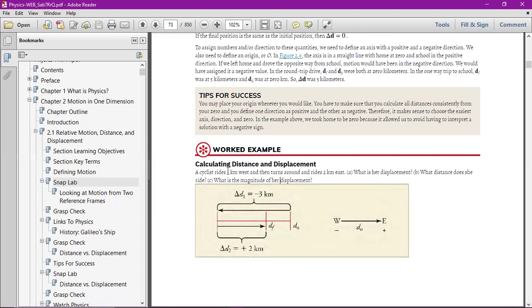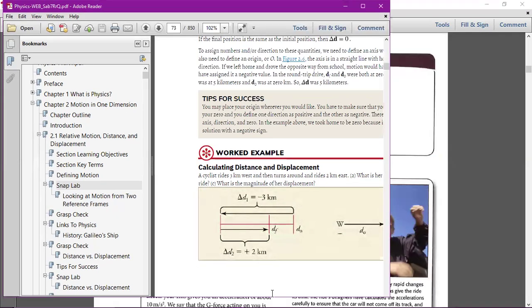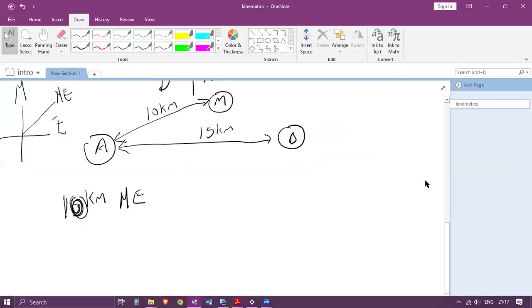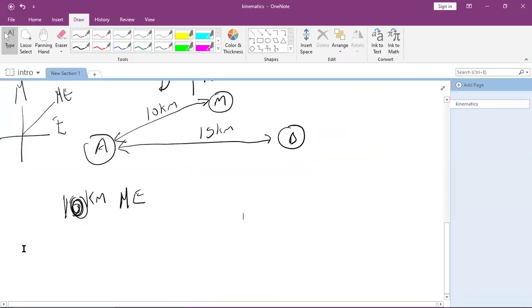We're told that she went, let me write my charts here, 3 kilometers west. Then she turns around and rides 2 kilometers east. We're told that what is her displacement?